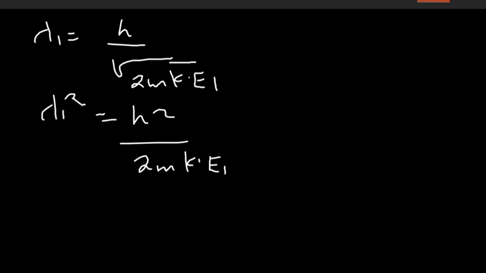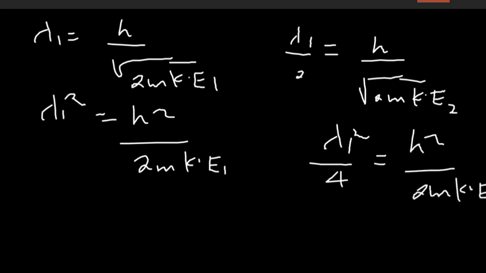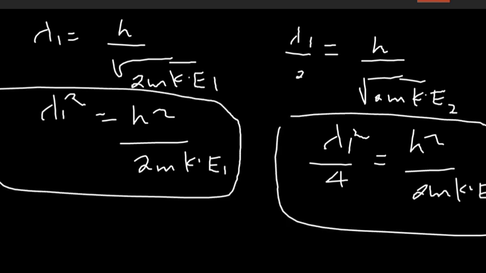Second, wavelength 1 over 2 is equal to Planck constant over square root of 2m kinetic energy 2. Squaring both sides, wavelength 1 squared over 4 is equal to h squared over 2m kinetic energy 2.